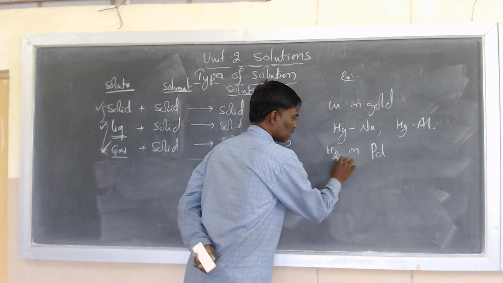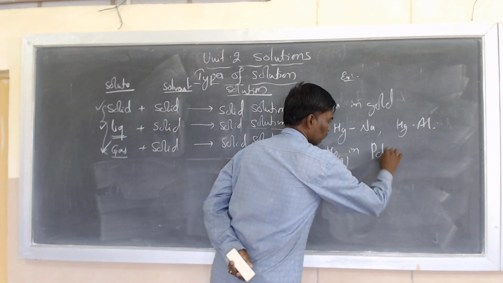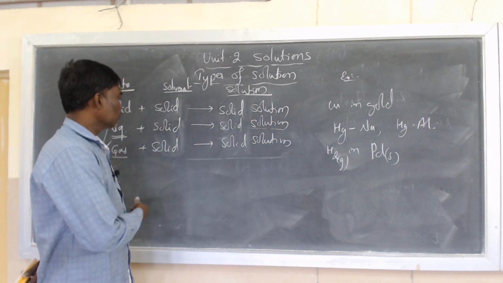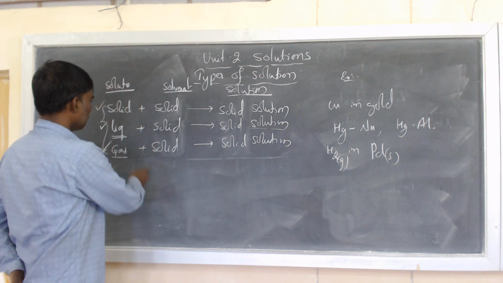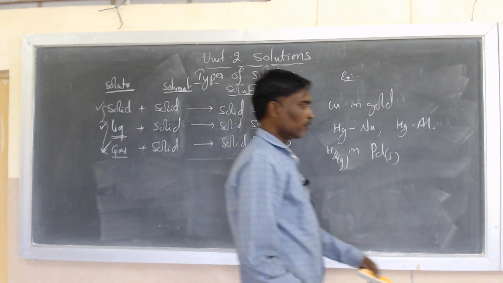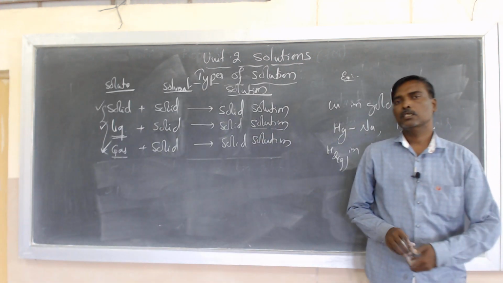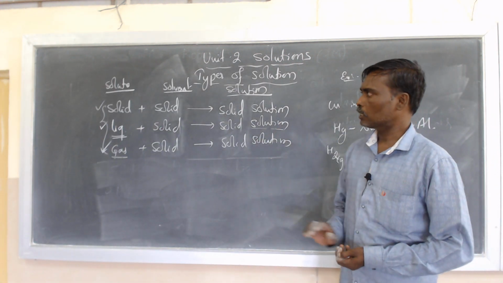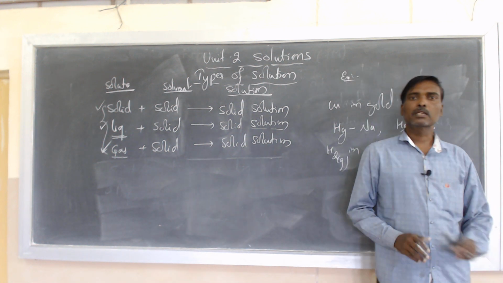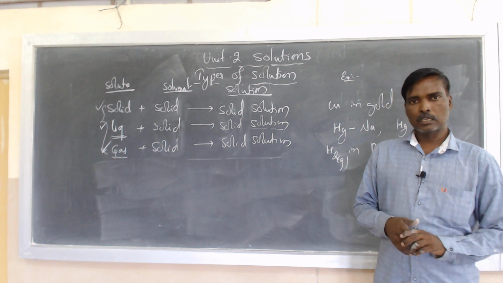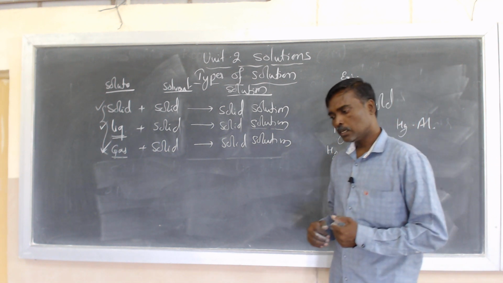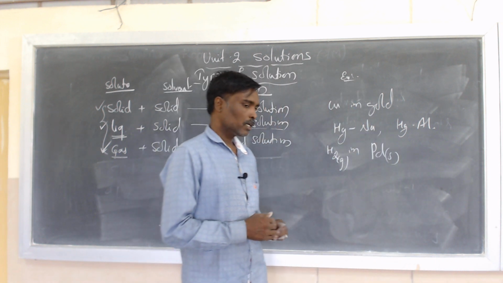This is in gaseous state and this is in solid. Hydrogen is absorbed by palladium, which forms a solid solution. There, a gas dissolves in solid. So this is another type of solution, the solid solutions. Like that we classify the types of solutions as gas solutions, liquid solutions, and solid solutions.